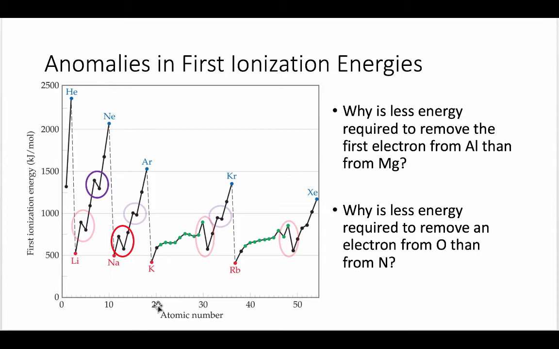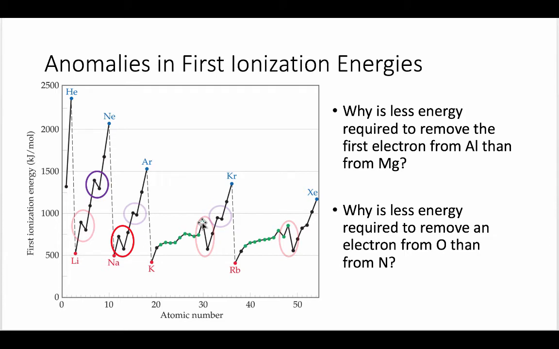We see a similar trend when we look over here at beryllium. Beryllium has the full S sublevel, and that's especially stable. And so it's a little bit easier to remove the electron from boron. We see the similar pattern here at the end of the transition metals.